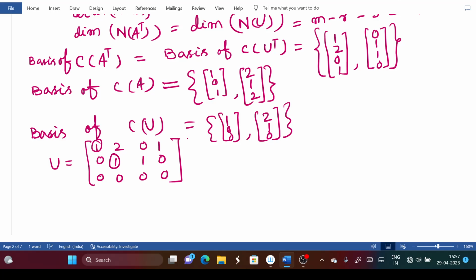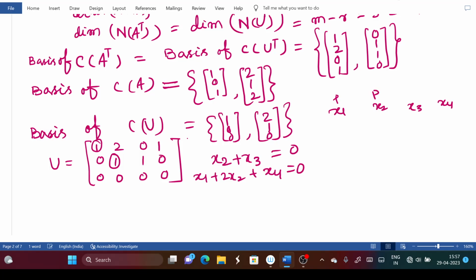That means the equations are x2 plus x3 is equal to 0, x1 plus 2x2 plus x4 is equal to 0. Here the variables are x1, x2, x3, x4. Out of which this is pivot, this is pivot, this is free, this is free.